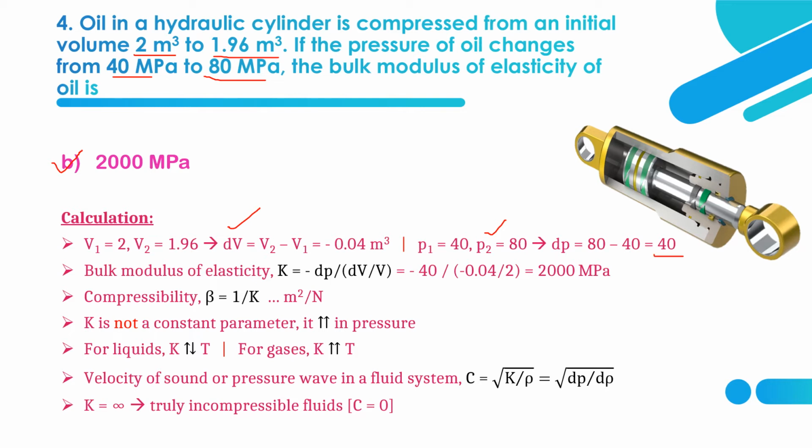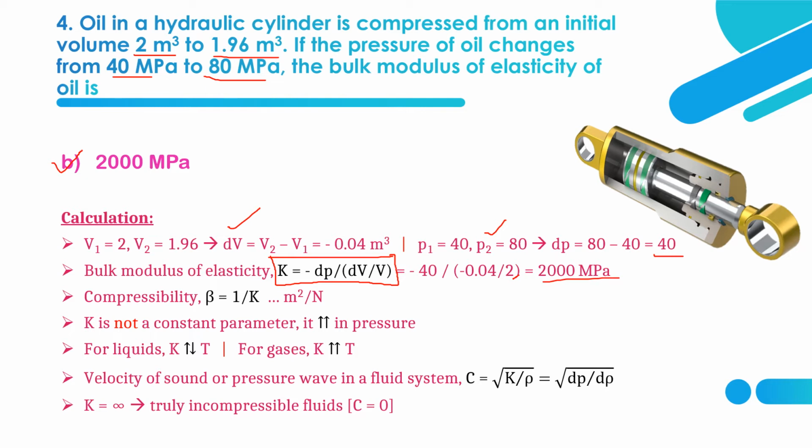Bulk modulus of elasticity is given by this formula: K is equal to minus dP divided by volumetric strain. What is volumetric strain? Change in volume divided by original volume. Just substitute all the values, with the original volume 2 meter cube, to get the answer as 2000 megapascal. So option B is correct.